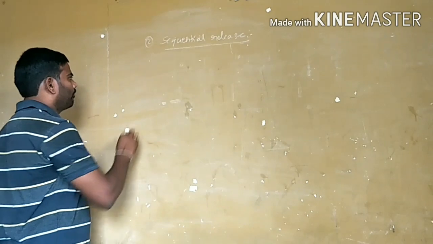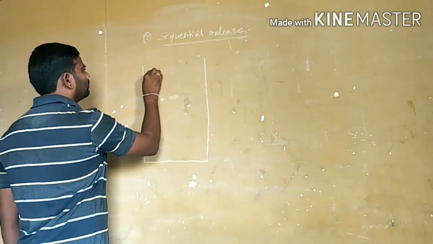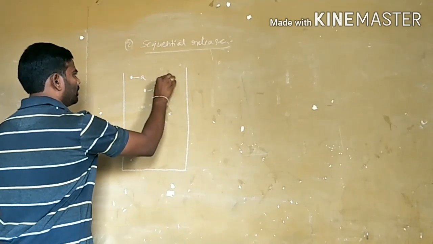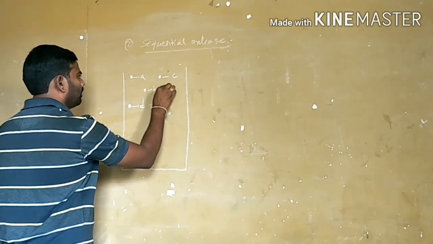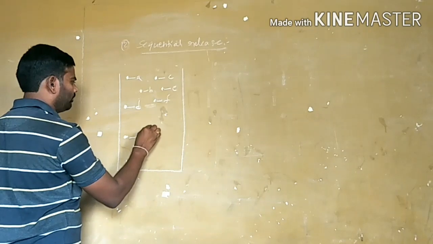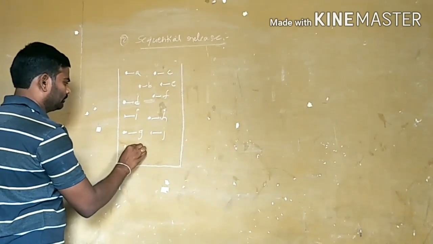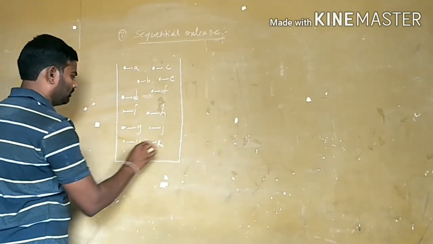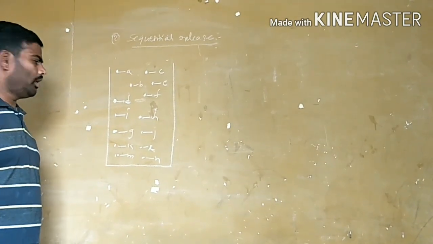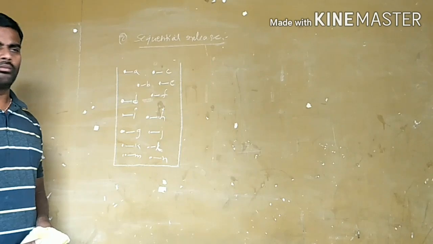For example, we are taking a mixture of compounds: A, B, C, D, E, F, G, H, I, J, K, L, M, N. In the previous method, one mixture is showing activity.